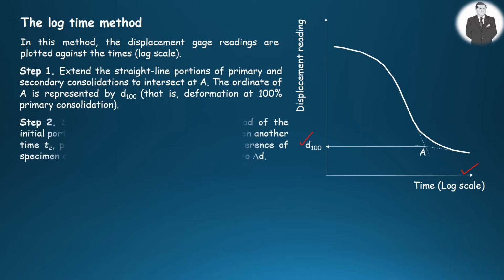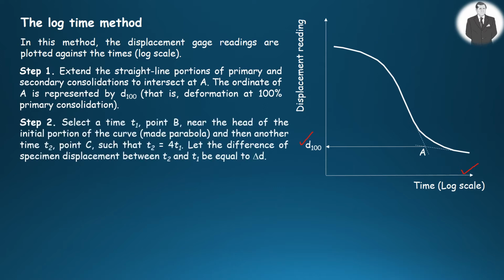The second step is to select a time t sub 1 near the head of the initial portion of the curve as illustrated, and then another time t sub 2 such that t sub 2 is equal to 4 times t sub 1. Let the difference between these two time intervals be equal to delta d.